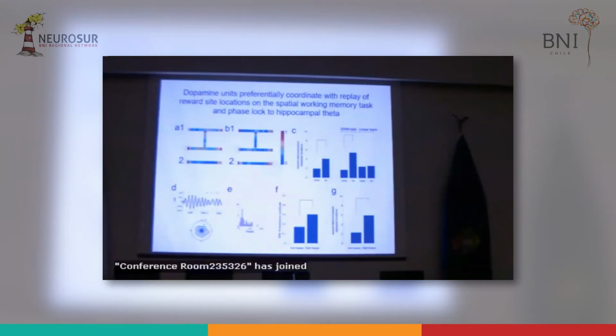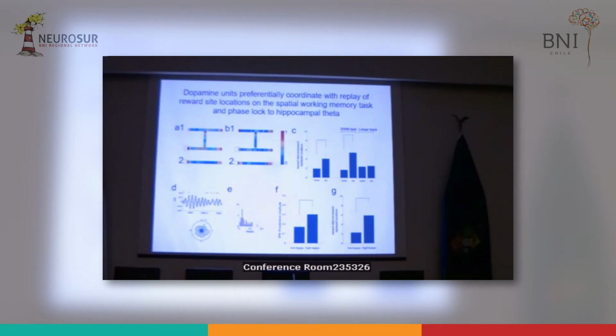We can decode the precise positions within the replay sequences, and so we can ask: do dopamine neurons really know what position is being expressed in a replay event, and can they coordinate their spikes with the replay of specific locations? The answer is yes. The dopaminergic neurons are biased to fire when the hippocampal replay events reach goal locations. When the replay events reach a goal location, approximately 80 milliseconds later, VTA dopaminergic neurons will tend to fire.